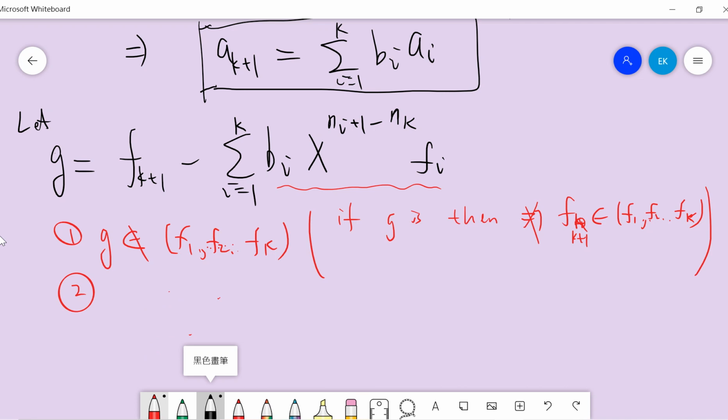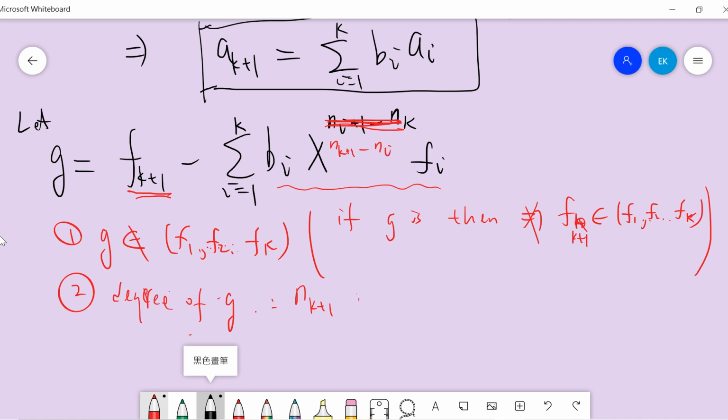So the degree of g. The degree of f_{k+1} is n_{k+1}. Sorry, I forgot: this should be x to the n_{k+1} minus n_i.